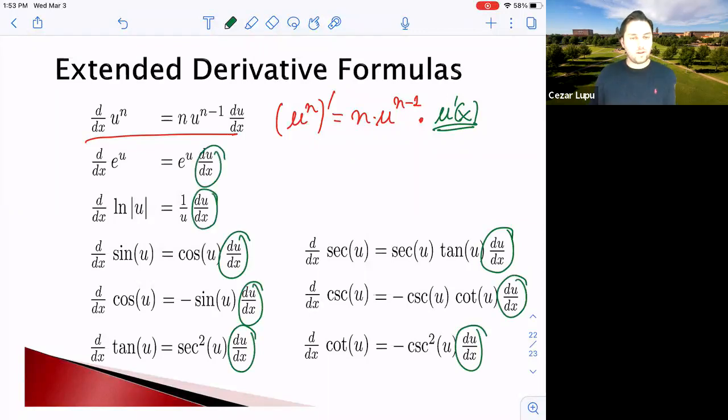But the function in front of this is just the usual derivative of whatever function you're taking the derivative of. Once you see the video, I'd like you to have a very good look at this, because this will be very, very important when you take the derivative of composite functions.